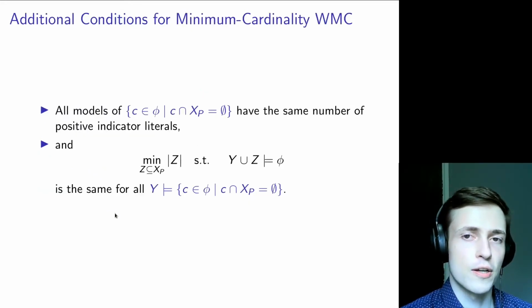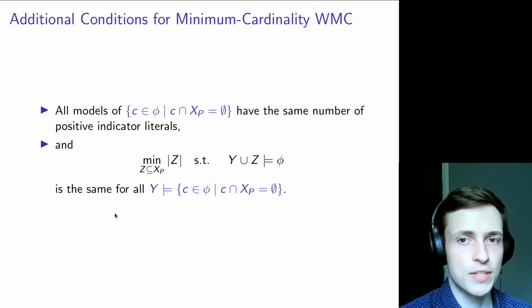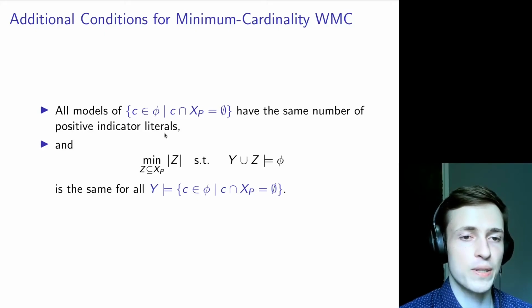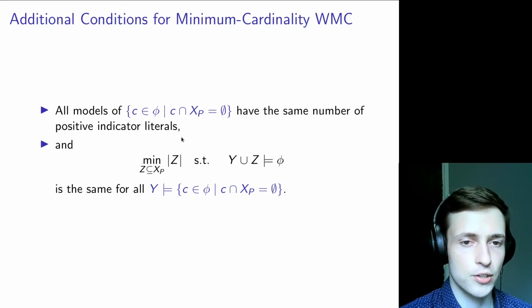And for minimum cardinality WMC, we have some of the conditions from the ones mentioned before, but also some more specific ones. So if we take all clauses that have no parameter variables, then the models of that subformula have the same number of positive indicator literals.